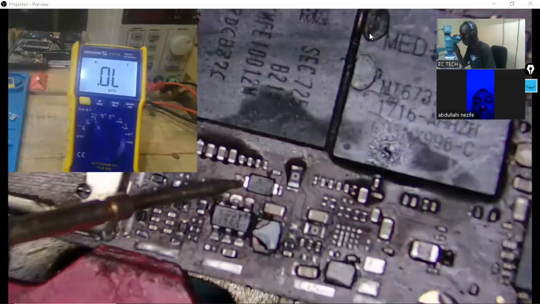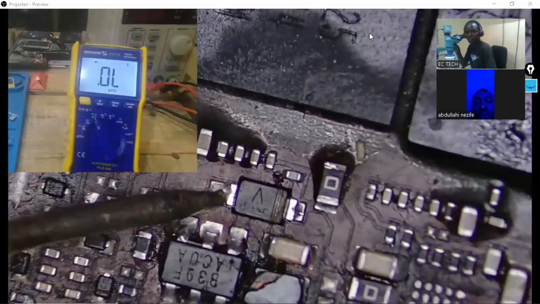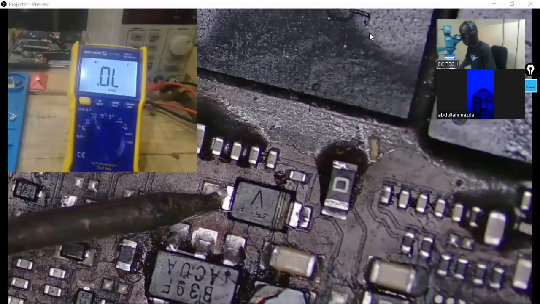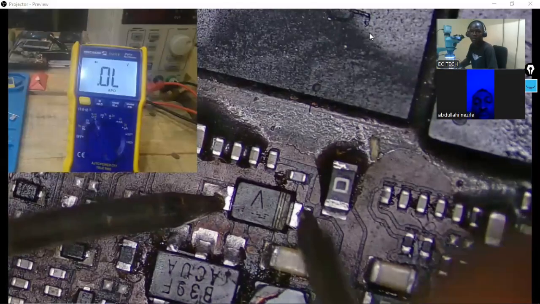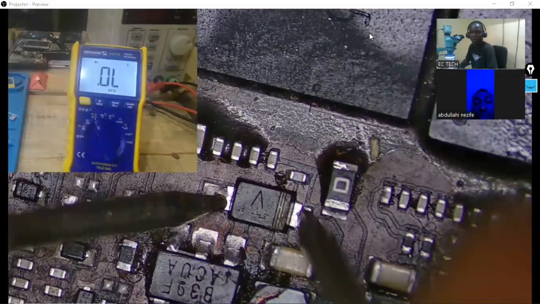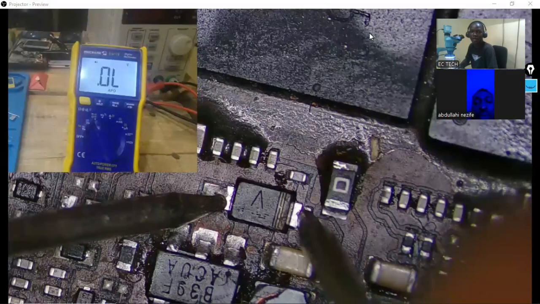So now let me zoom it. So in that case, we have what? OL, no reading. So this is the testing of a good diode, and this is the good condition of the diode.